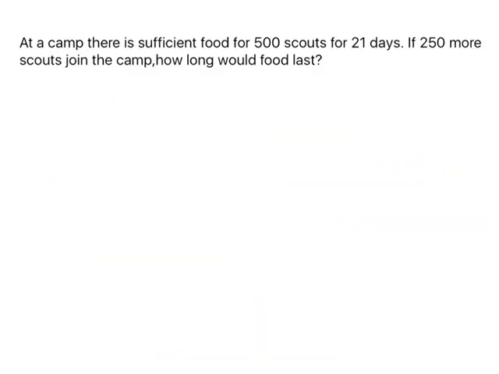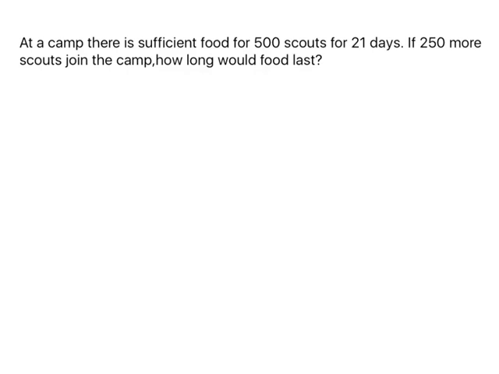Next question we have: in a camp there is sufficient food for 500 scouts for 21 days. Now later 250 more scouts join the camp, then we have to find out how long the food would last. So here, if the number of people is increasing, we require more food. So here the number of scouts increases, then the number of days for which the food would last will decrease.